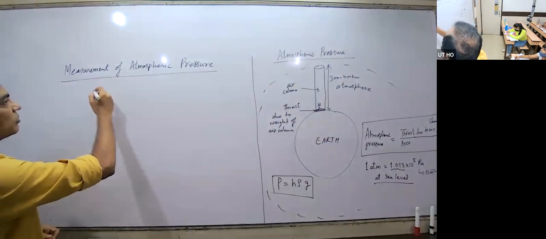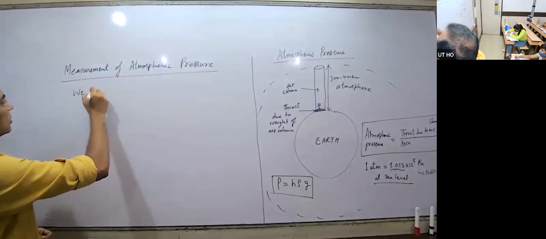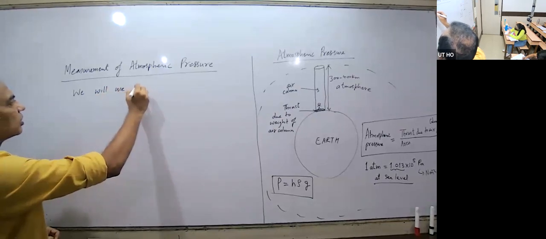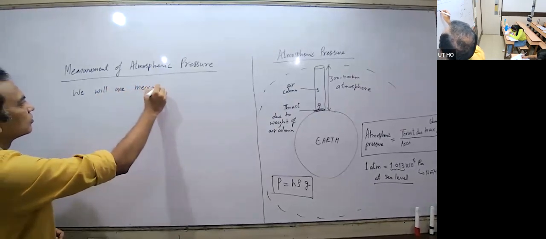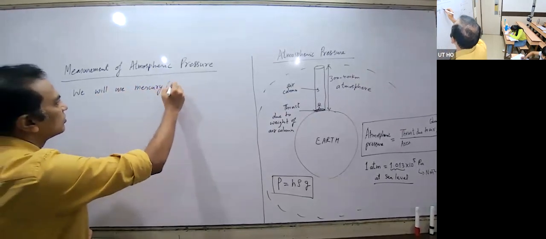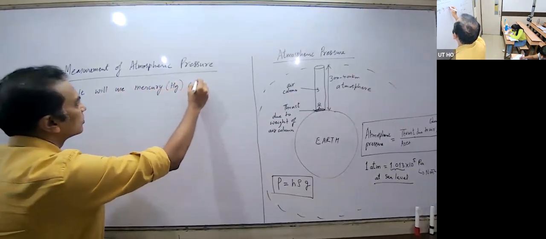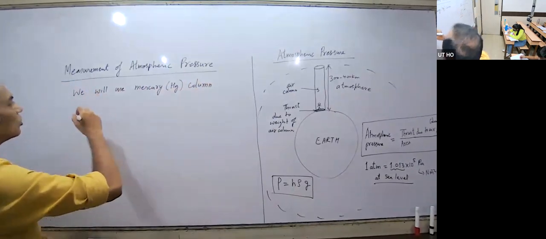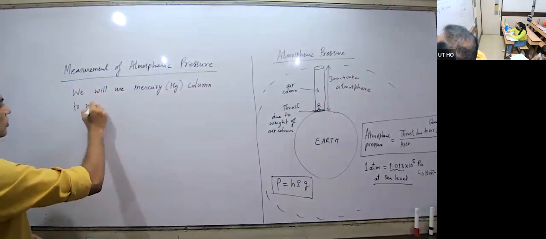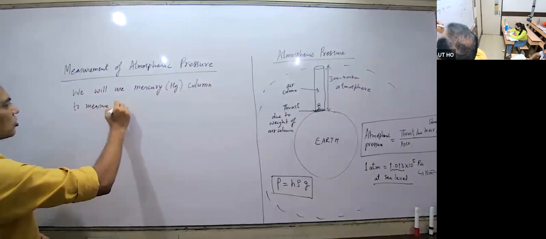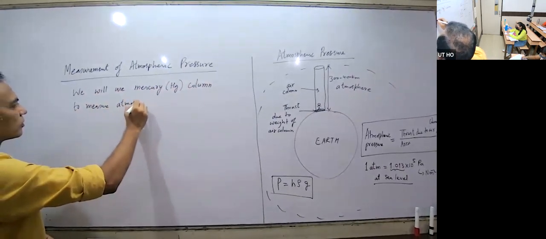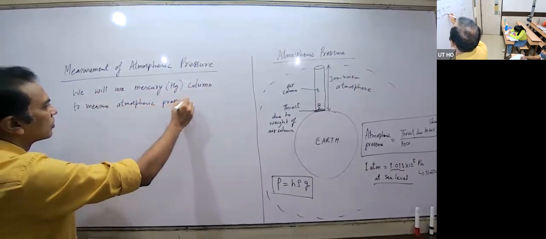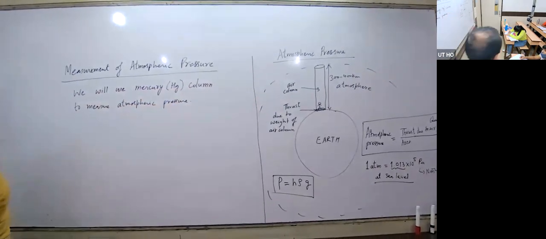To measure atmospheric pressure, we will use a mercury column. The mercury symbol is Hg. So what is the process?